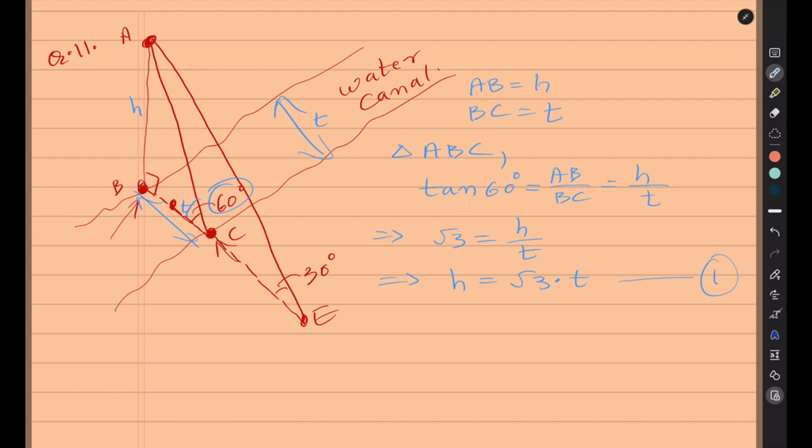Then again, we have to apply our trigonometric ratio principle to this bigger triangle.